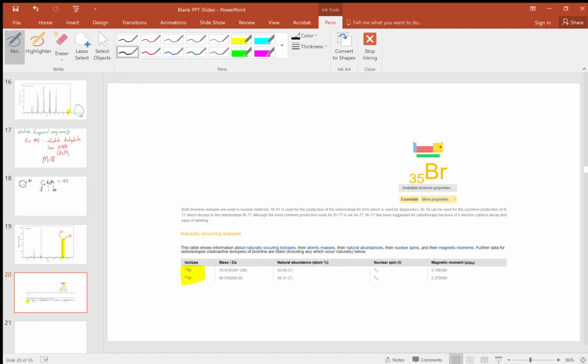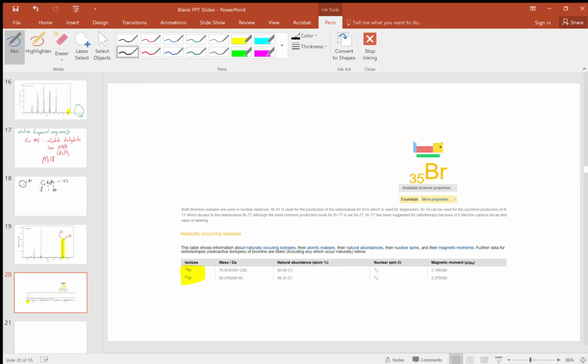That mass that we used on the periodic table of 79.901 is based on the fact that we have a 50.7% abundance of bromine 79 and a 49% abundance of bromine 81. It turns out the half-life of bromine 80 is only about 18 minutes. It's not a stable isotope.